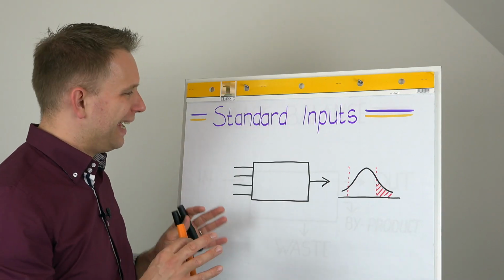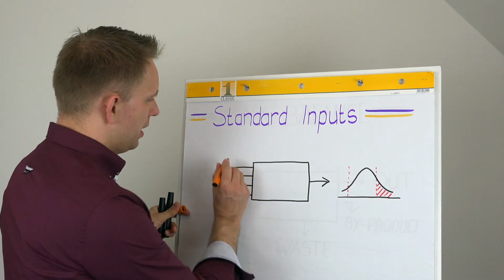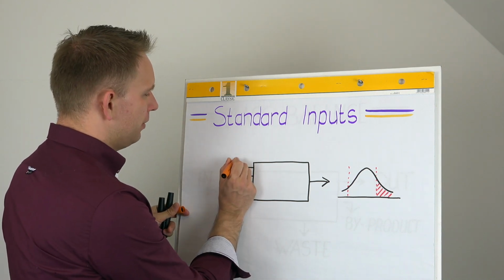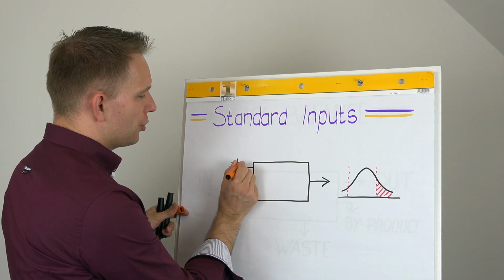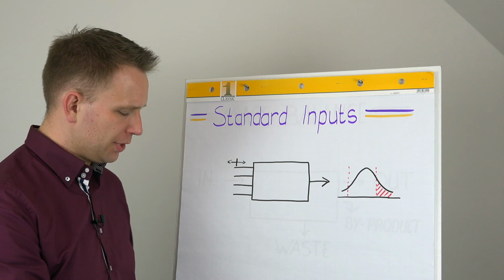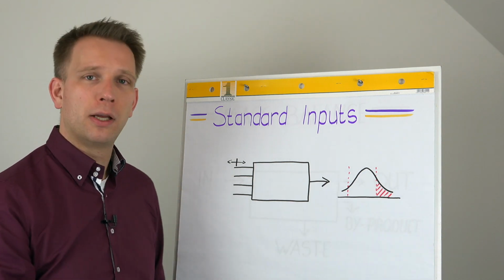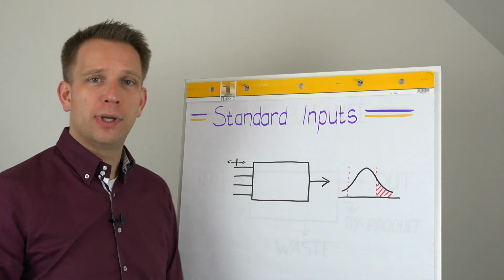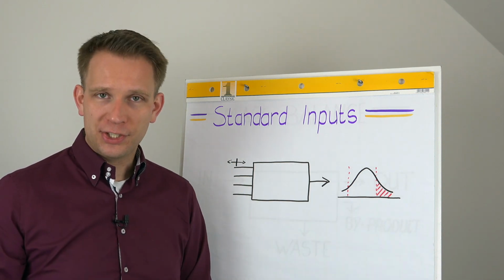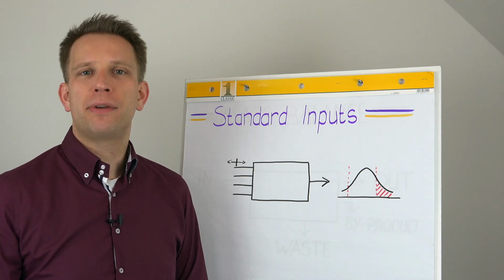And in our standard operating procedures, what will often be said is we have a level, but it's also allowed to have a certain plus and minus versus the norm input, the norm setting. For instance, the temperature should be around 60. Anywhere between 55 and 65 is good.